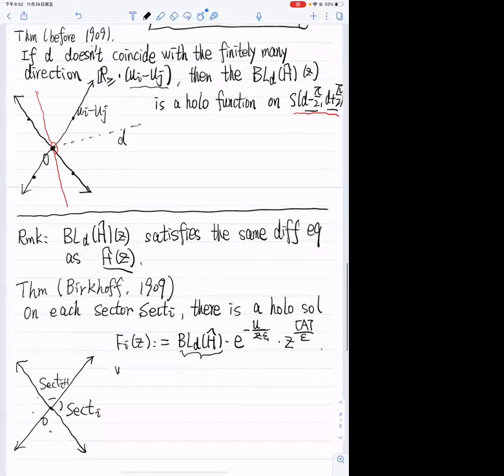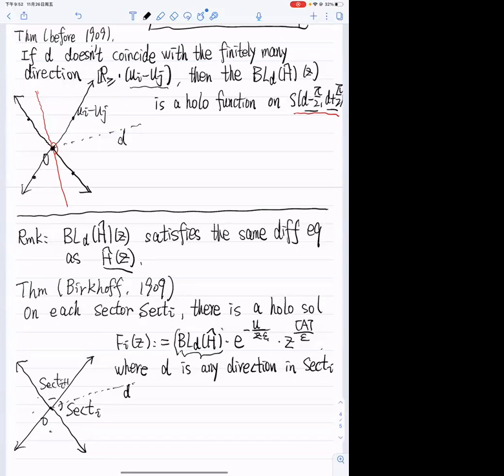So where this D is any direction inside this sector. For example, I can take any direction D inside this sector I, and then I take the Borel-Laplace transform of H hat along this direction. What I get is a holomorphic function.